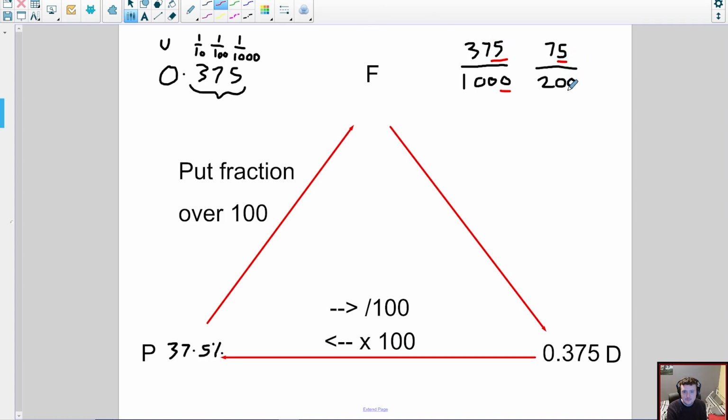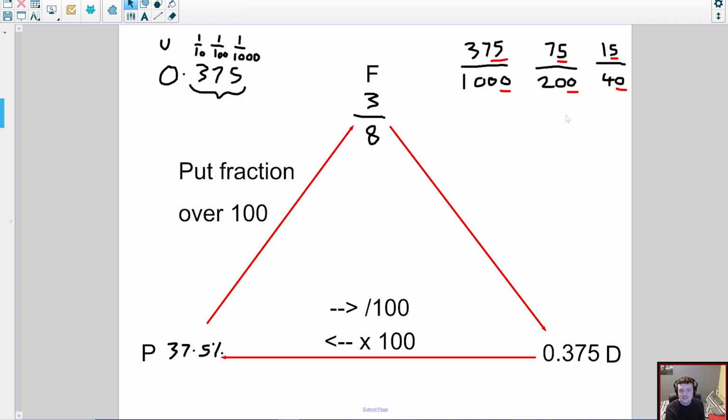Because we've still got a 5 and a 0, we can divide them both by 5 again. I just told you that's going to be 15. 200 divided by 5 would be 40, but we see it still ends in a 5 and a 0. So we can divide them by 5 again. So that's going to be 3 out of 8 as our final answer. And so our final answer as a fraction is 3/8.